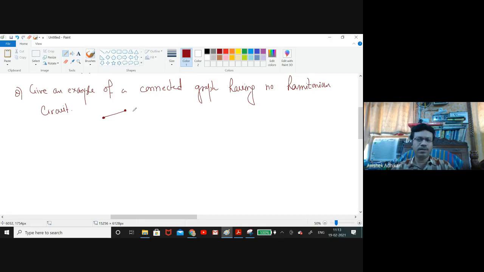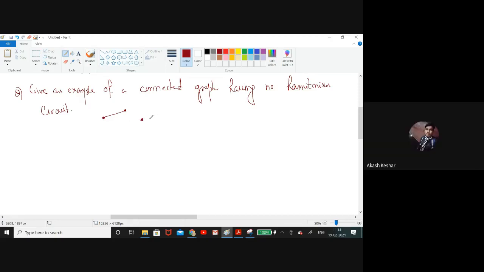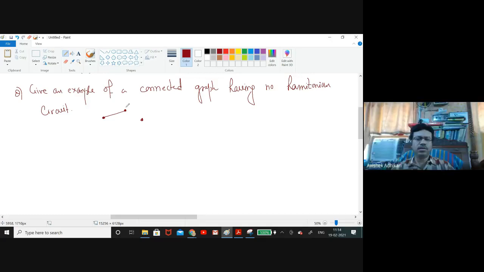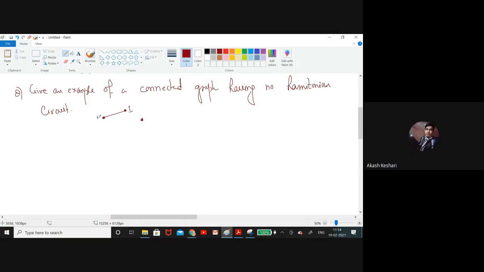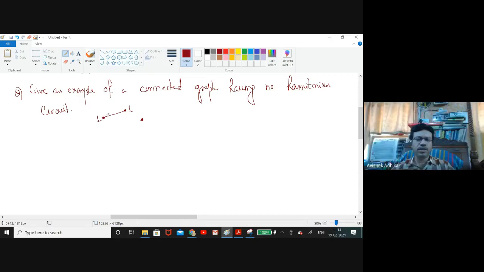Are you talking about this or only one vertex? No, sir, I said a graph with a vertex that has degree 1. So this is degree 1. Yes, that is correct. So you say that this is not a Hamiltonian circuit, right?